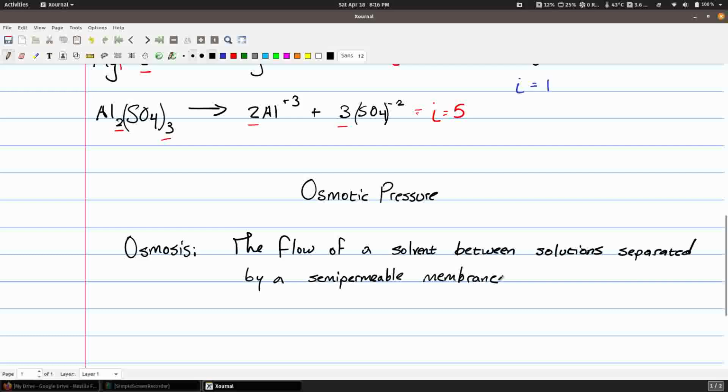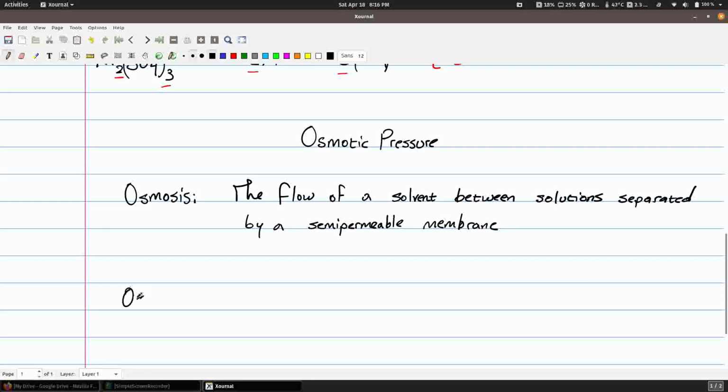Okay, so osmotic pressure is the minimum amount of pressure required to stop osmosis from happening.